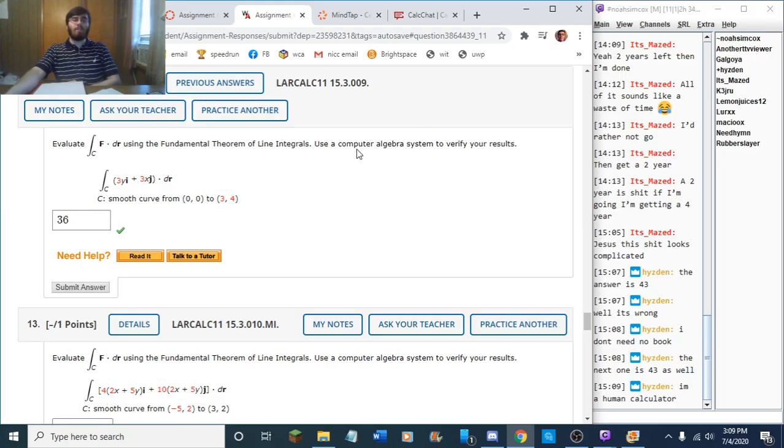Wait, actually it says you can use a computer algebra system to verify your results. But the problem is I don't know how to type this into Wolfram Alpha, which I was using before, and I don't have access to a computer algebra system, so I can't actually verify it.